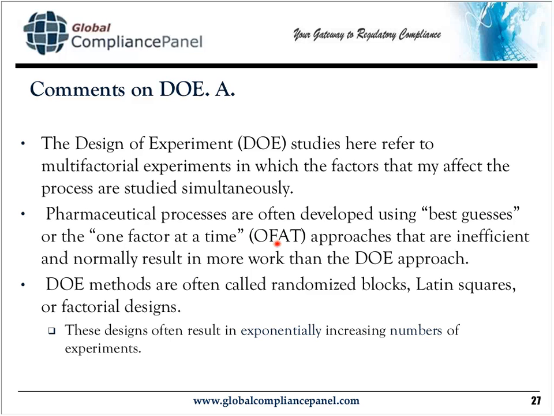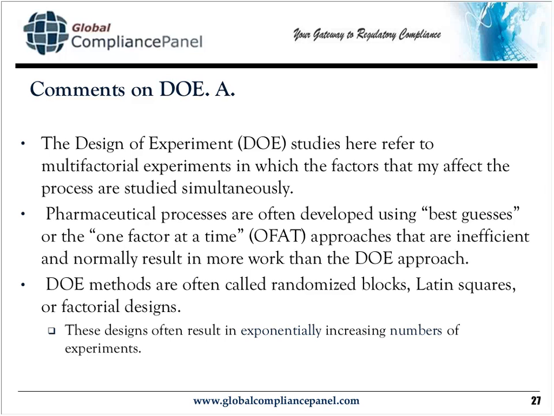This is where you've got 6 different factors at a particular step, and you hold 5 of them constant, and you vary the 6th one. And this is very inefficient. It's easy to show that this results in more work than a design experiment approach.